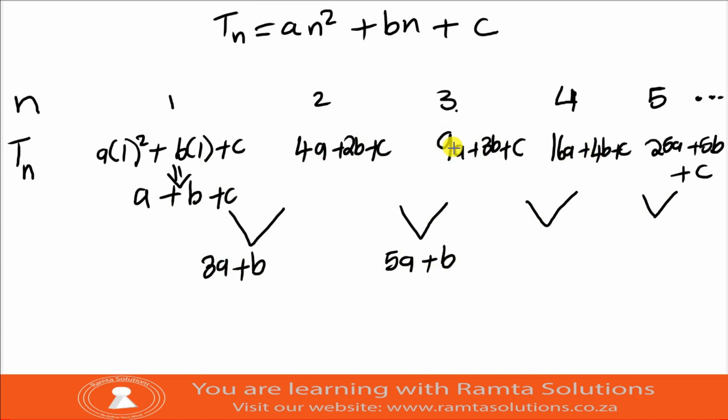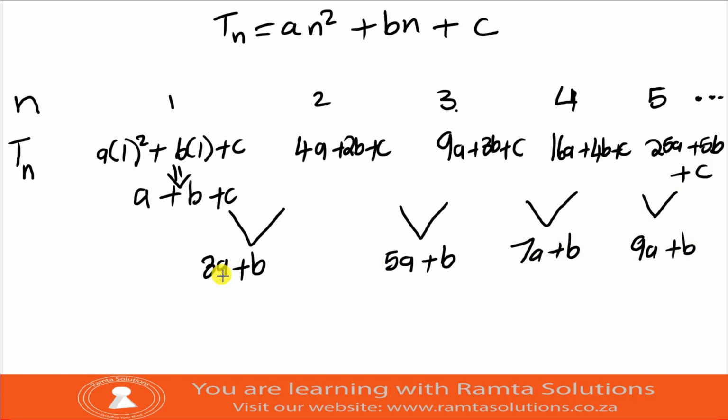Again, 16a minus 9a is 7a, 4b minus 3b is b, c minus c is 0. Again, 25a minus 16a is 9a, 5b minus 4b is b, c minus c is 0.